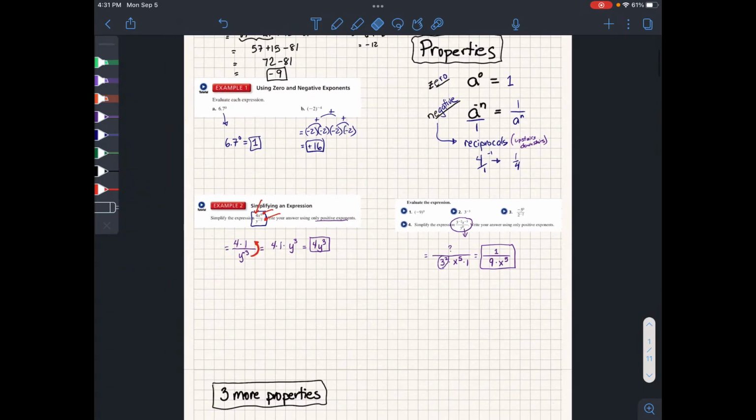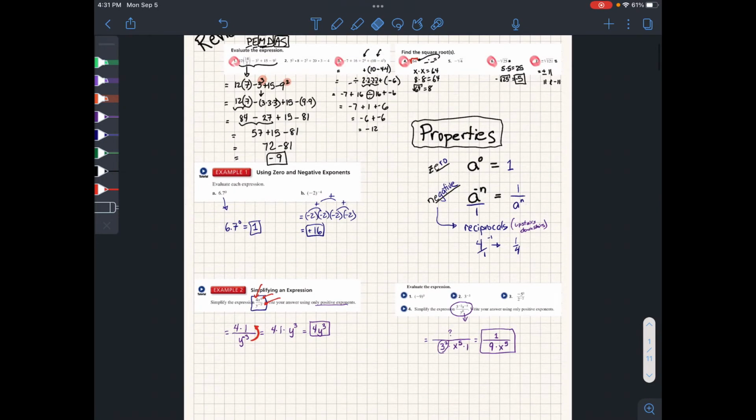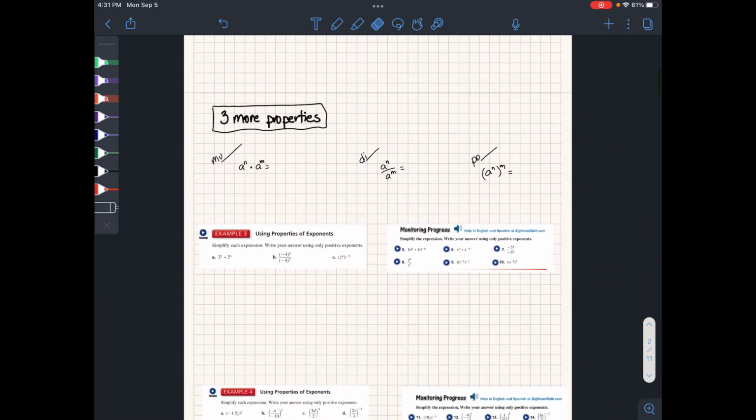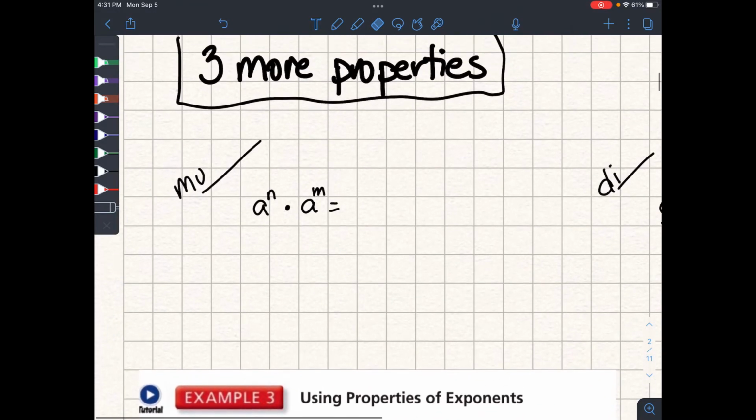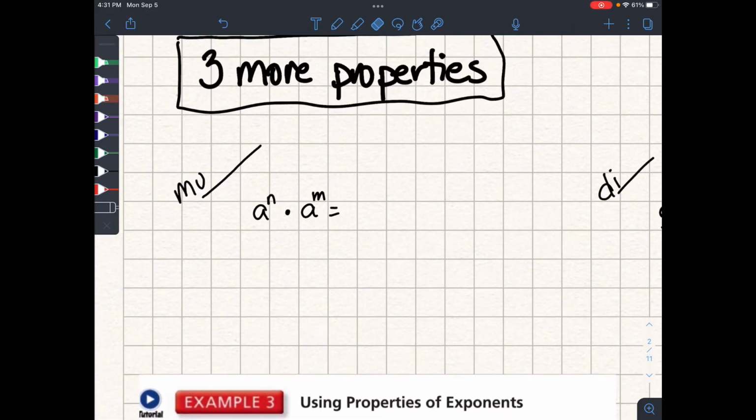So these are the basic building blocks of exponents. We're going to build on this and add some more properties. There are 3 more properties we need to jot down. If you have a to the n times a to the m, meaning your bases are the same but the exponents are different, the shortcut to this is a to the n plus m.